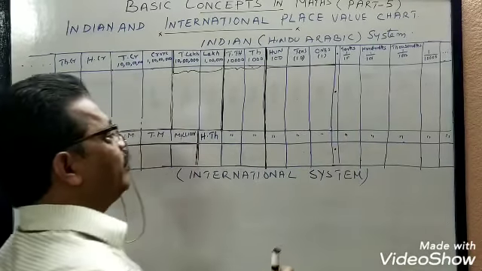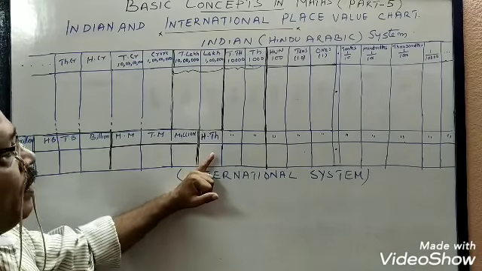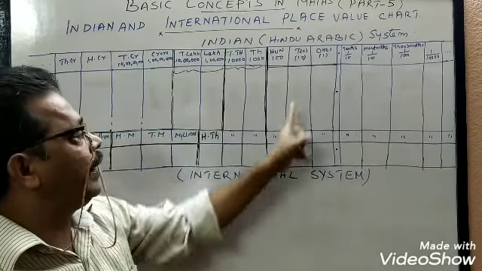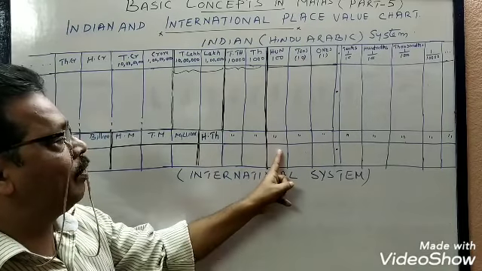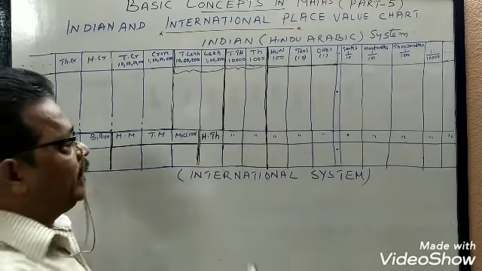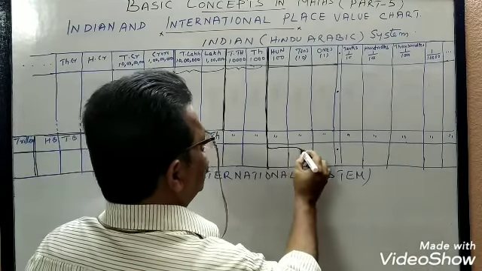Now just below I have given the international place value chart. See, in the international place value chart also, these places are the same: ones, tens, hundreds. The first period contains 3 places.